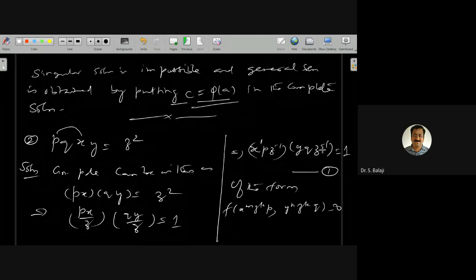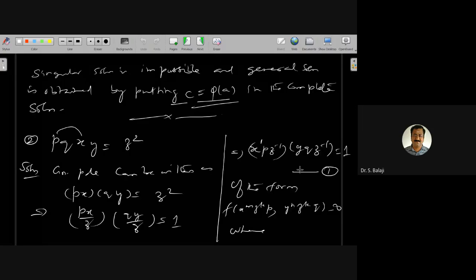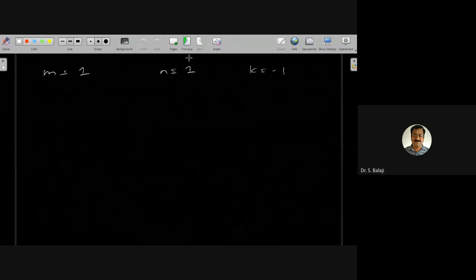K is minus 1. M and n are 1, k is minus 1. Z power k, k is minus 1. What about your substitution? M, n, k is present. Can anyone give the answer for the substitution, possible substitution? Capital X is equal to?